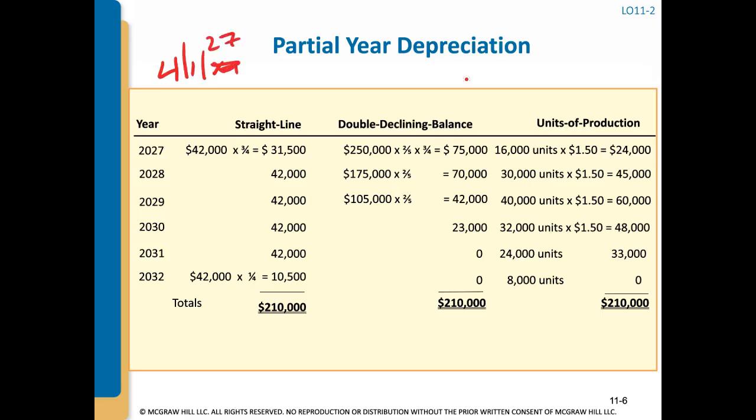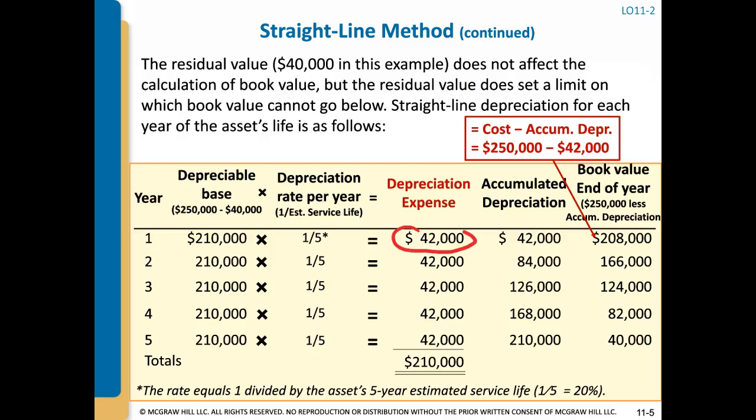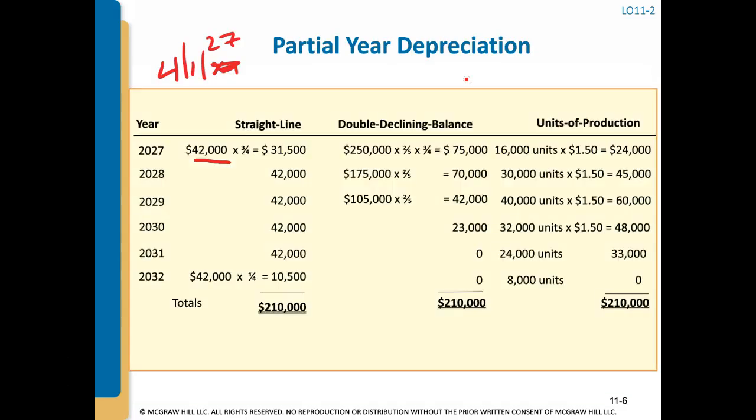You take your normal $42,000 that you calculated, the depreciation expense for the full year, but then you only depreciate from April 1 to 12/31, which equals 3/4 of the year, or 9 out of the 12 months, which equals 3/4.